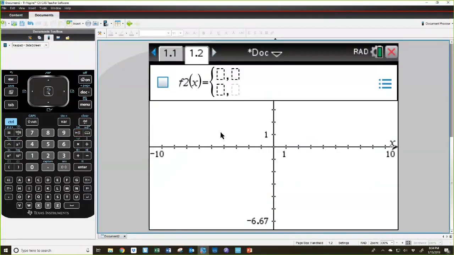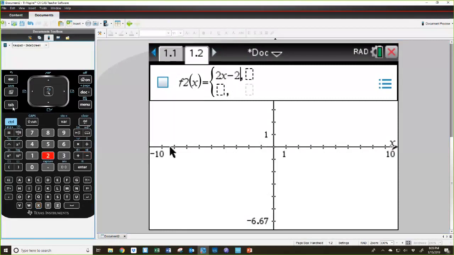So in this case, I'm going to actually type it like I see it in a textbook. So 2x minus 2, and then I like to use the tab key. So I tab, and then I want x. My inequalities are the control with the equals. You'll see them above that key here. So control equals. I want less than 3.